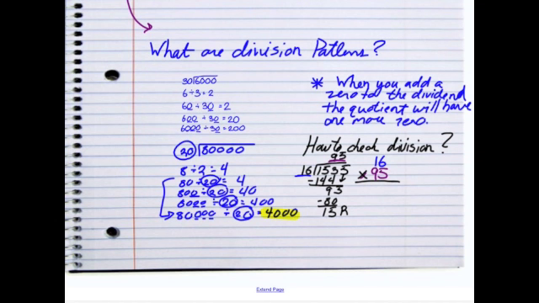If I do out all that multiplication work, which I've already done in my notes, but you may do in your notes, you get 1,520. Now that doesn't equal 1,535 just yet because we haven't accounted for the remainder.